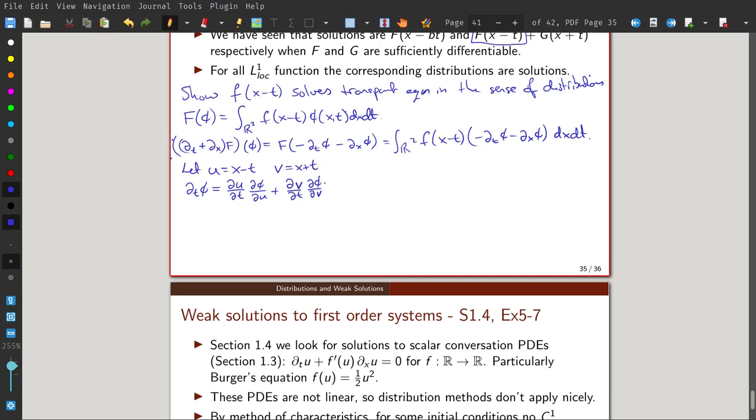Applying our beloved chain rule, u with respect to t is minus the u derivative of phi, and v with respect to t is plus the v derivative of phi. And in a similar way, the x derivative: here we have the u derivative of phi plus the v derivative of phi.